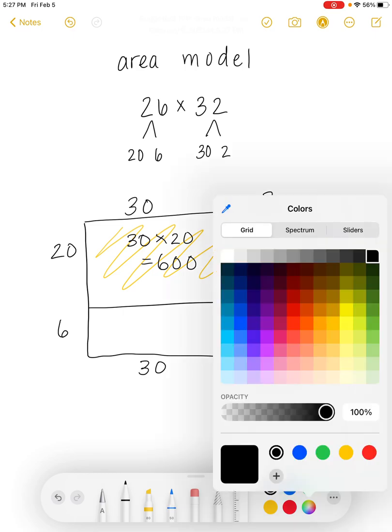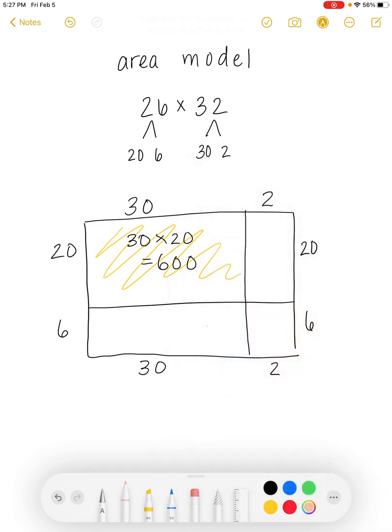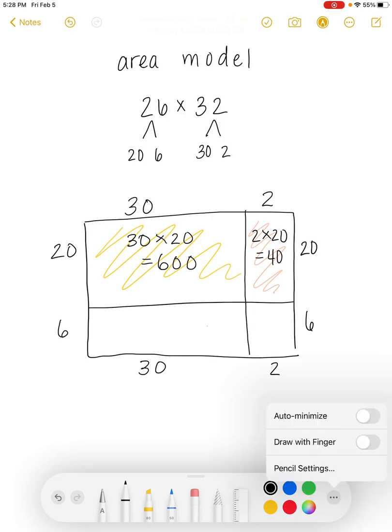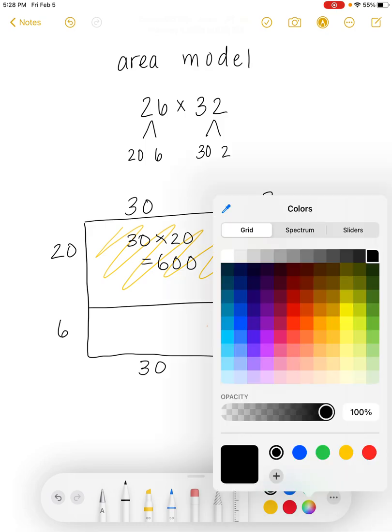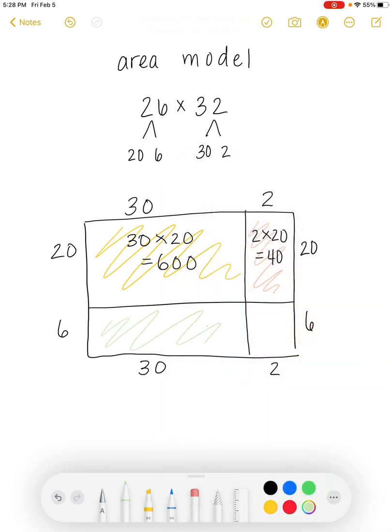All right, let's add another color. Solving here for this orange portion. I see my width is 2, my length is 20. 20 times 2 is 40. Once more, oops. Solving for this green portion over here.